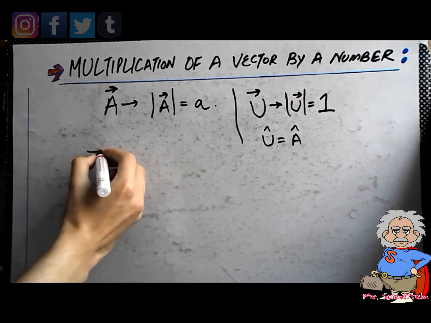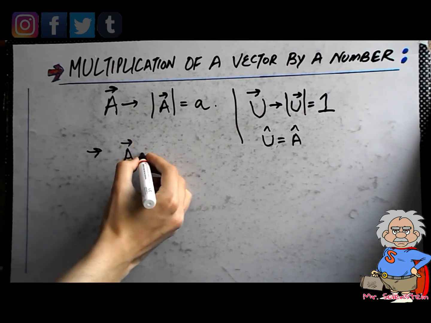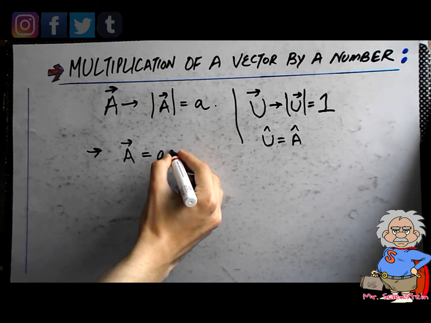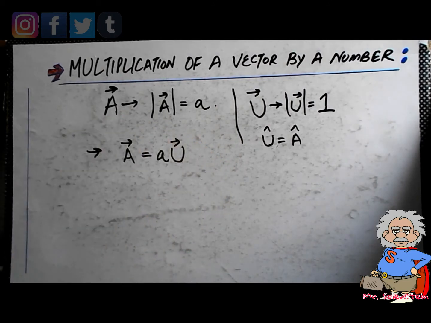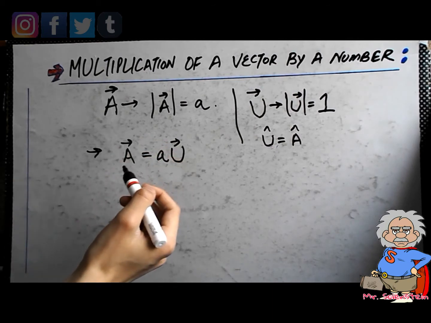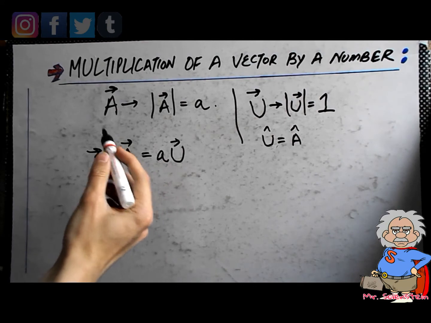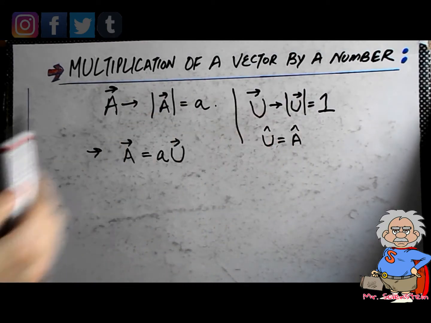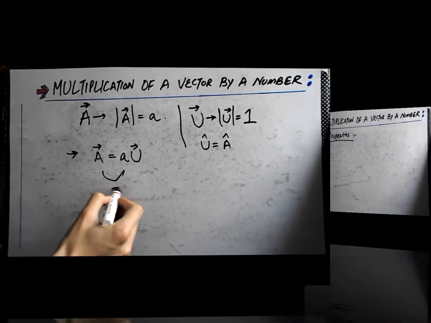At this time we can write that a vector is equal to the magnitude of the a vector into u vector, right? This is how I made two vectors of different magnitude equal. A vector had a different magnitude, small a, and u vector had magnitude 1. So we made two vectors of different magnitudes equal, right?